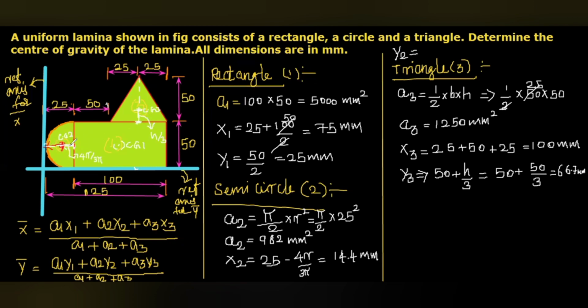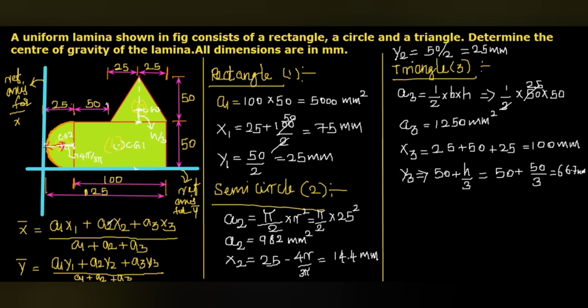The CG2 will be on the same symmetrical line. So from the reference axis, this distance will be 50 by 2, that is 25 mm. That is y2 for the semicircle, that we forgot to solve. So y2 equals 50 by 2.